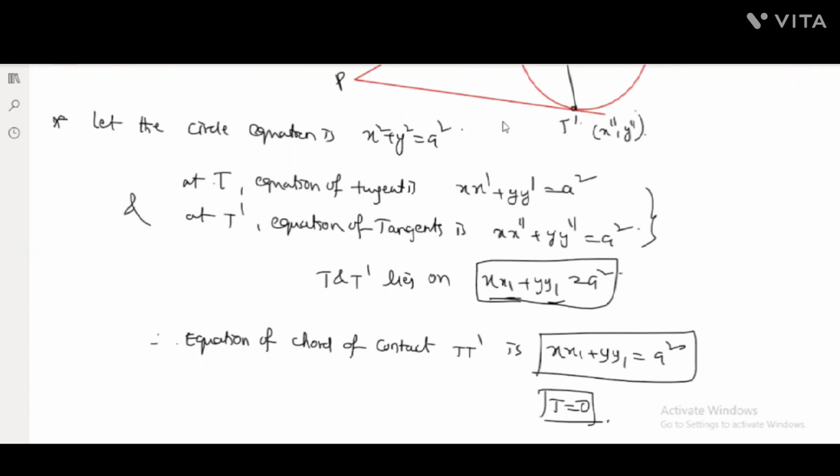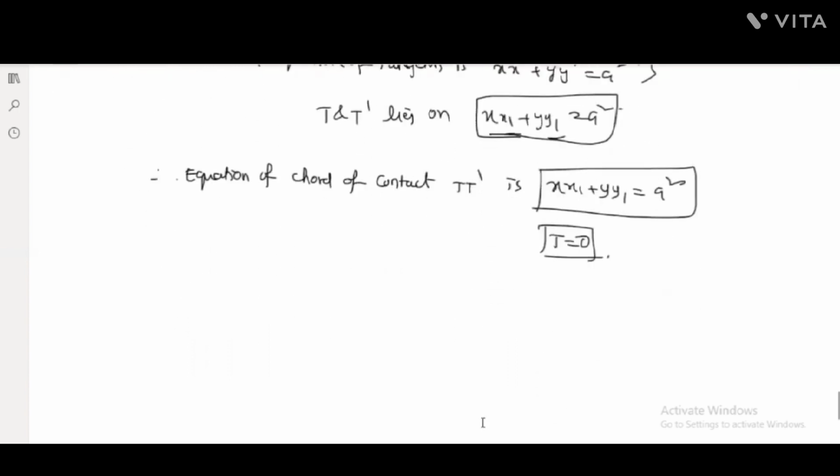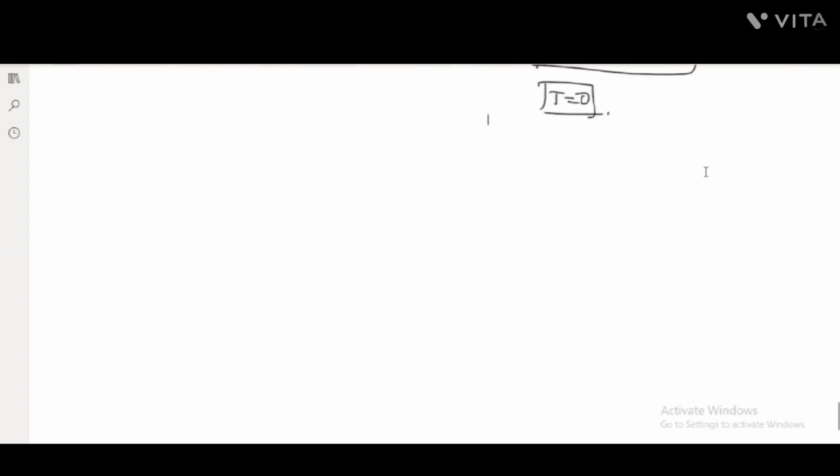So based on this, we have some points here actually. Let's see what those points are. Some shortcuts we have.